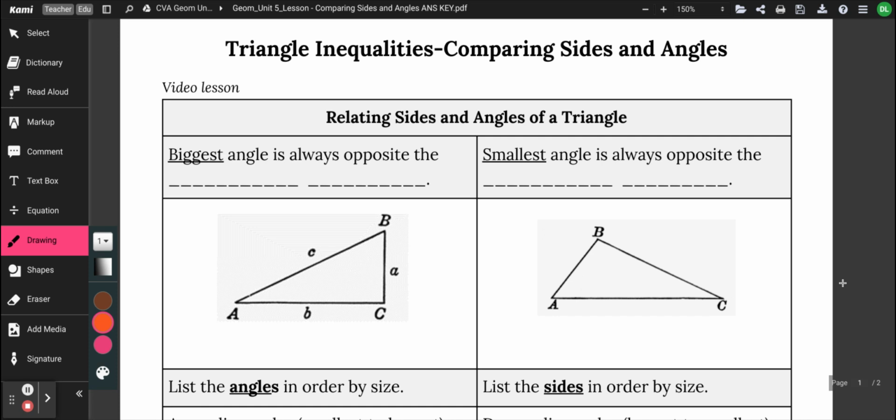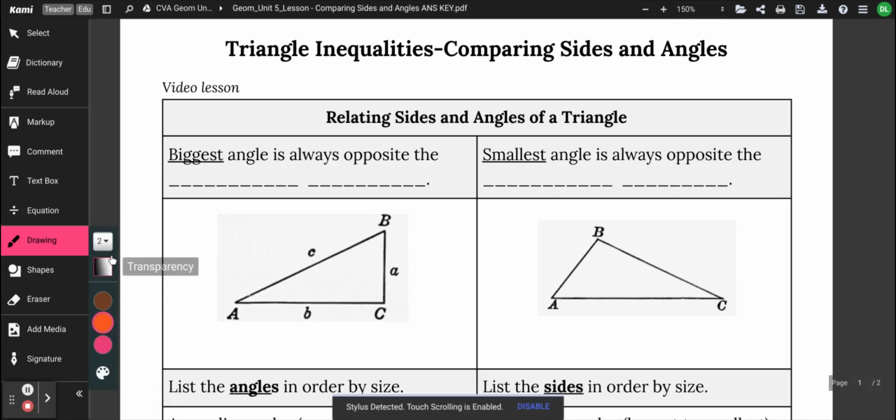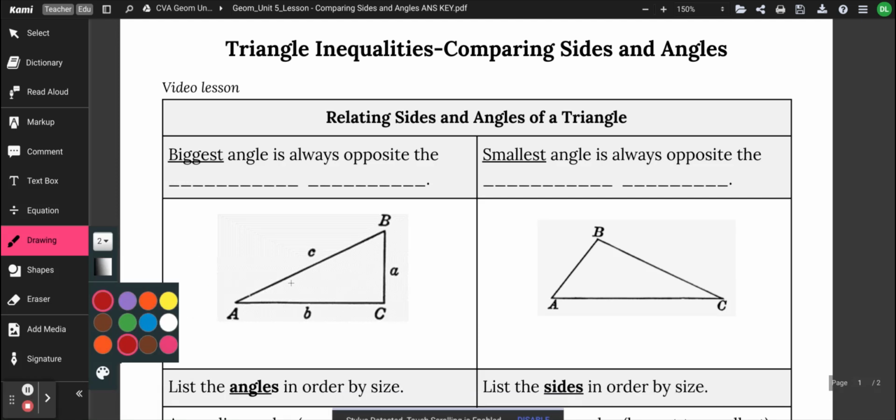Okay, so when we are relating sides and angles, it's important that we can identify which angle is across from which side. So we're going to look at our first triangle ABC here on the left, and I'm going to do some color coding to help us figure out which angles are across from which sides.